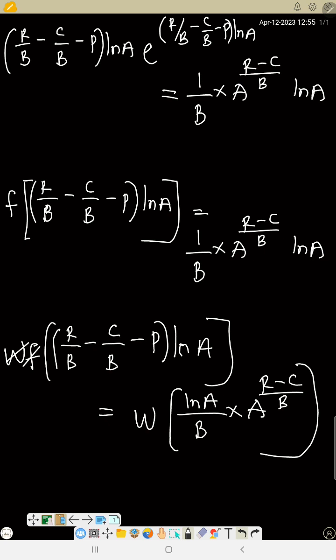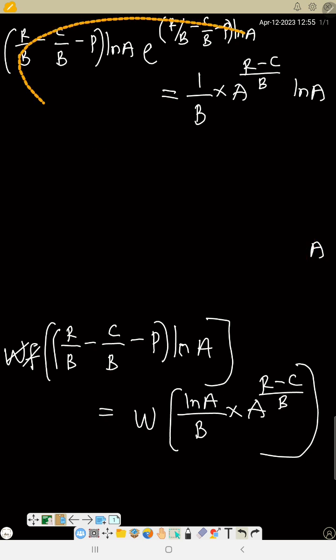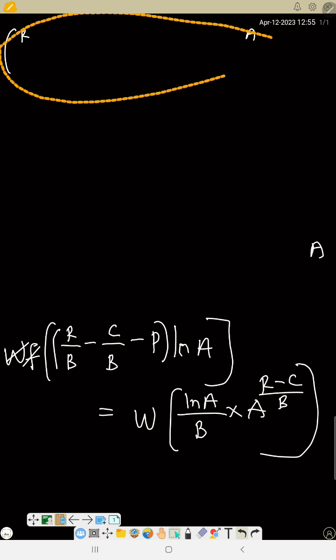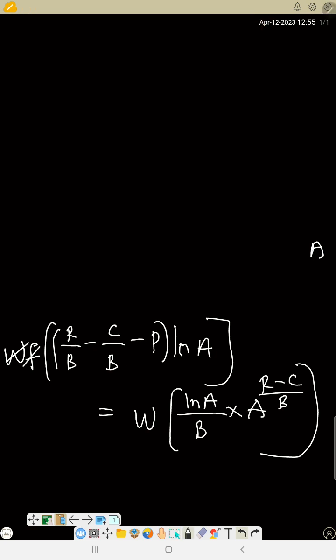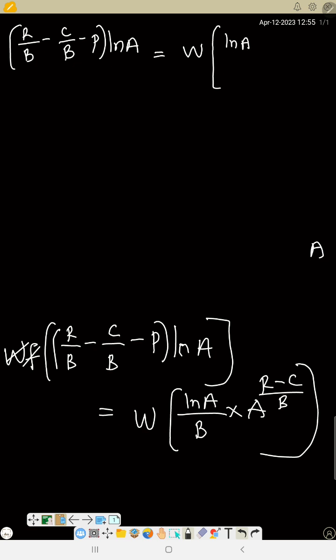So take the product log. W and f will cancel out. So I will have r over b minus c over b minus p ln a equals W of ln a over b times a raised to power r minus c over b, like that.